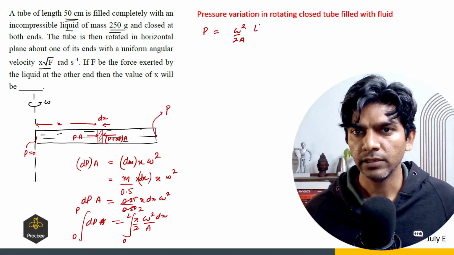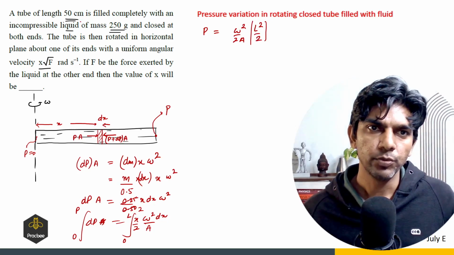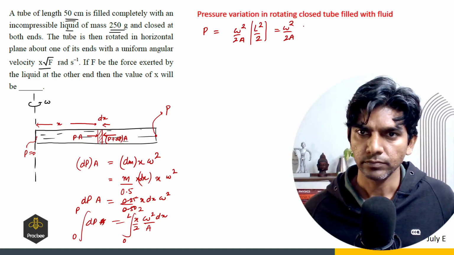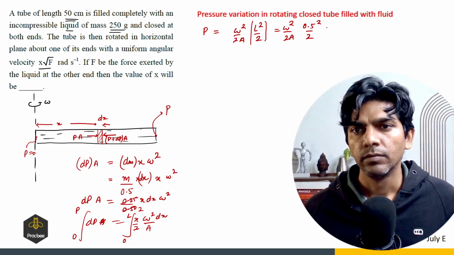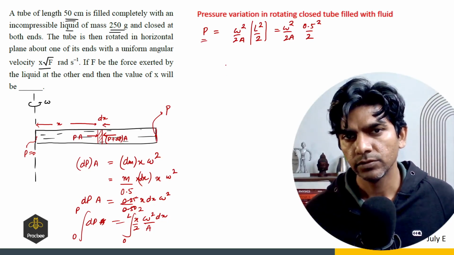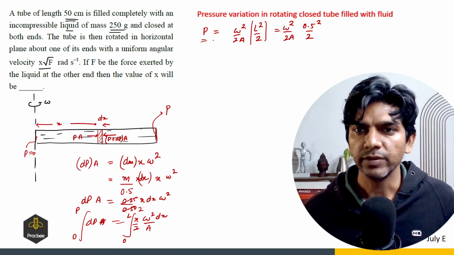So that will be L square by 2, and L in this case is 0.5. So this will be omega square by 2A times 0.5 square by 2. So this is the pressure. What is the force experienced on the right end? The force exerted by the fluid on the right end will be pressure times the area of cross section.